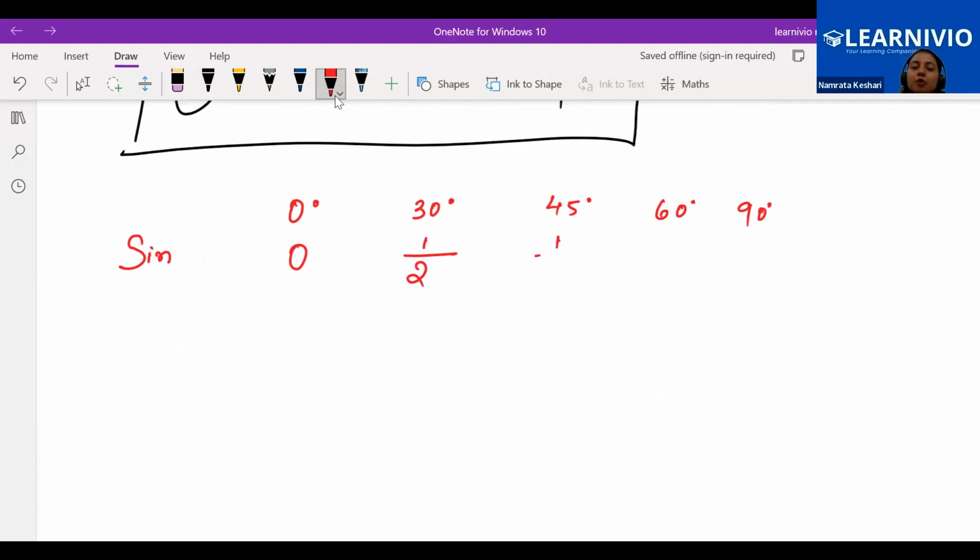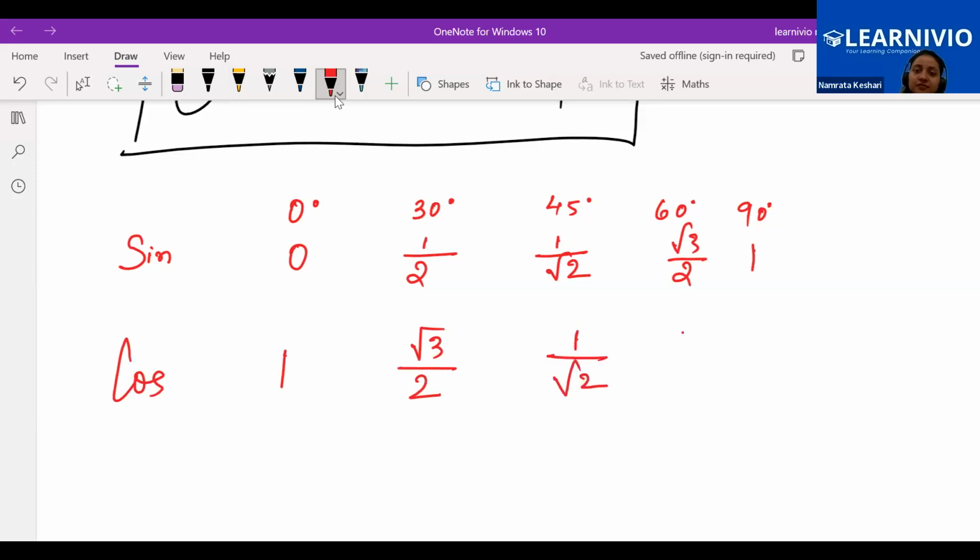Perfect. Next is root 3 by 2. Great. And then 1. Perfect. What about cos? Cos is 1, root 3 by 2, 1 by root 2, 1 by 2, and then 0.